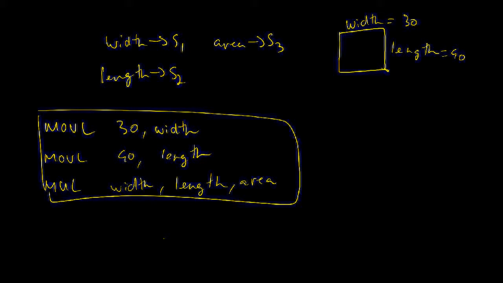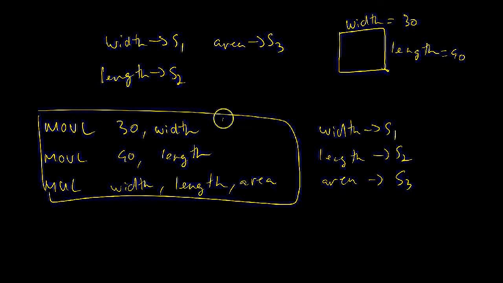Now, after I write my program like this, I can pass through this entire program, whether it was bigger or smaller, and I just say, okay, width is actually going to be S1, length is going to be S2, and area is going to be S3.